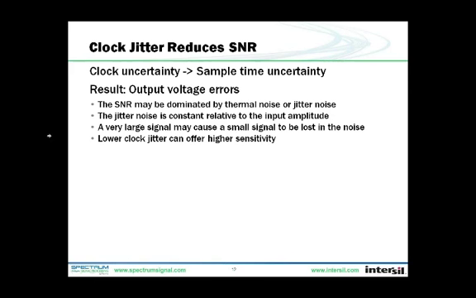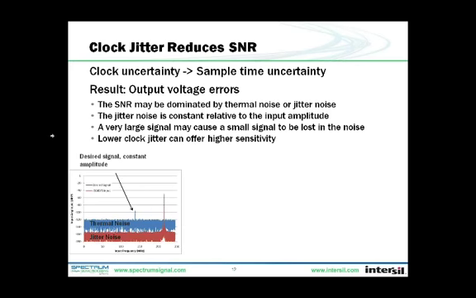Now, jitter is important in software-defined radios because it can reduce the sensitivity of the receiver. If you have a large signal sampled with too much jitter, it can raise the entire noise floor, and we'll show that in this illustration. So the plot on the left shows the desired small signal, right here in blue. It has enough SNR relative to the thermal noise so that we can recover it. The jitter noise and a large interfering signal are shown in red.